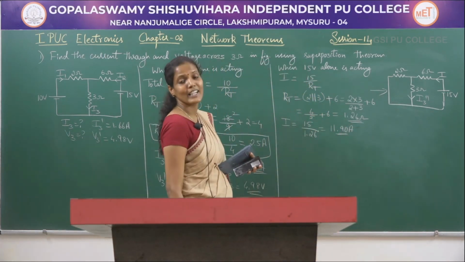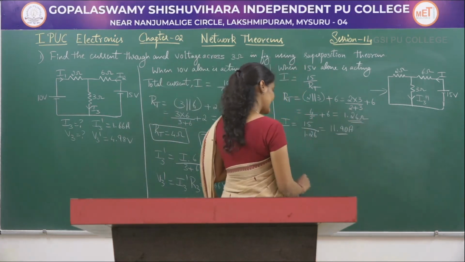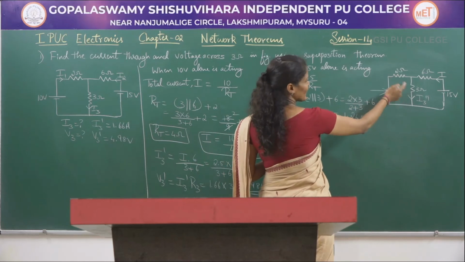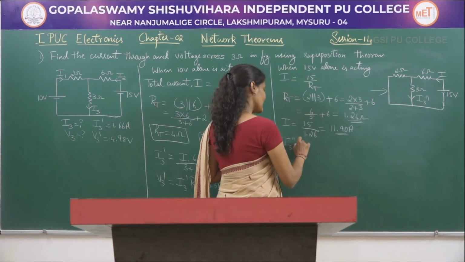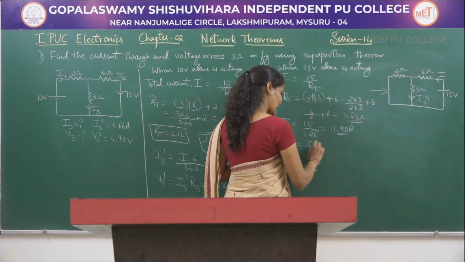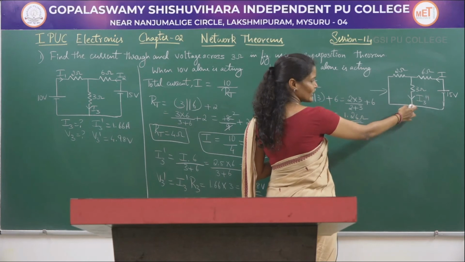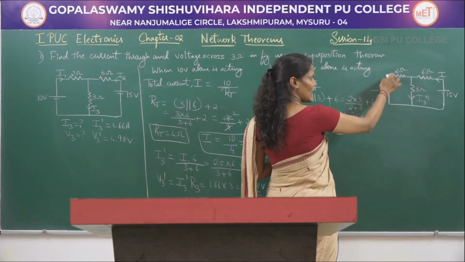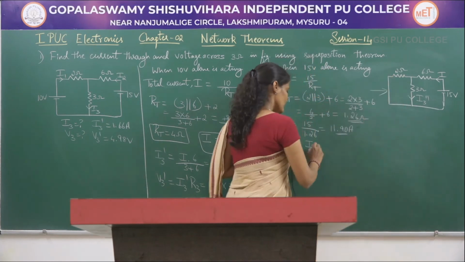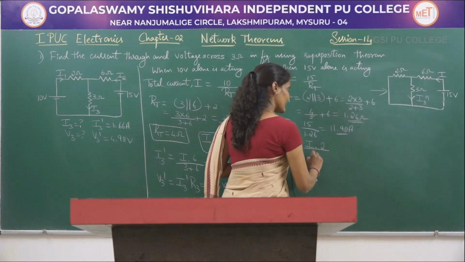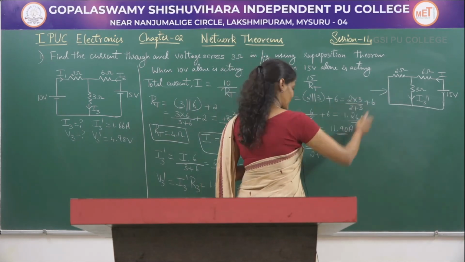Now apply the current divider rule and find out the current I3 double dash, considering these two resistors which are connected in parallel. So I3 double dash is equal to the total current I into the other resistance. I am measuring the current through this resistor, so the other resistor which is parallel to this resistor is 2 ohm. So I into 2 divided by the sum of those two resistors which are in parallel, 2 plus 3.